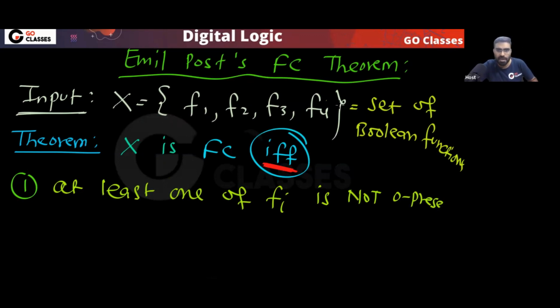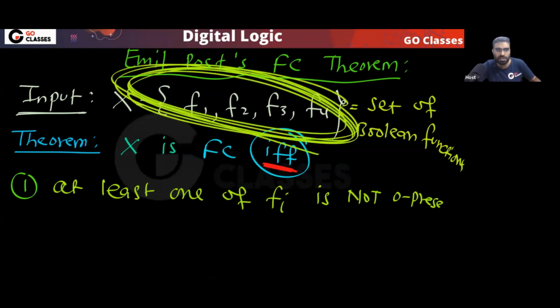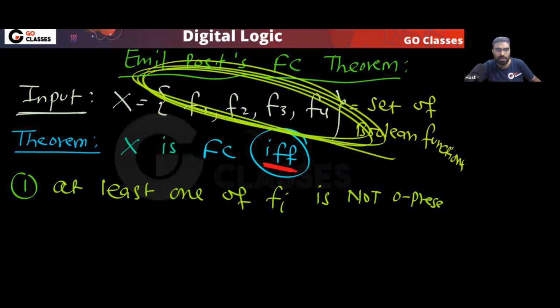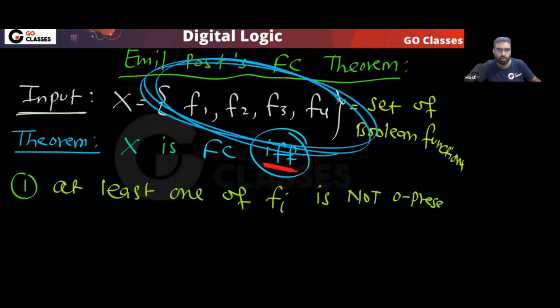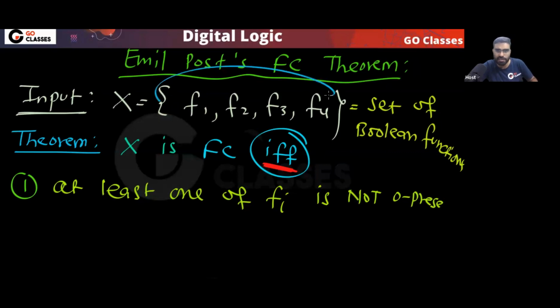So if you want X to be functionally complete, then at least one of them should be not zero preserving.